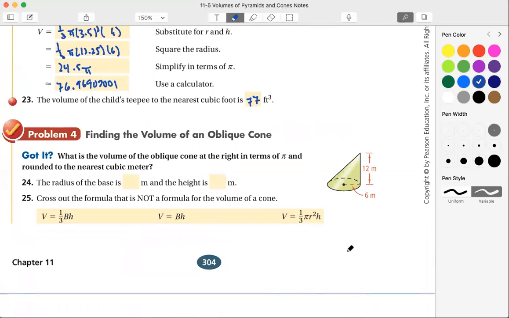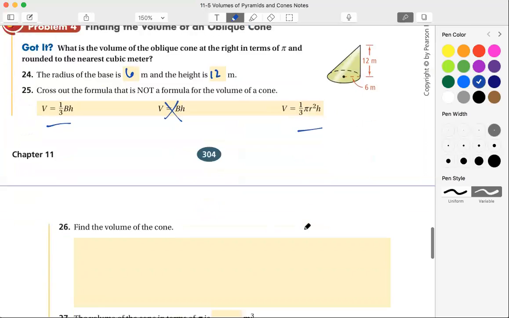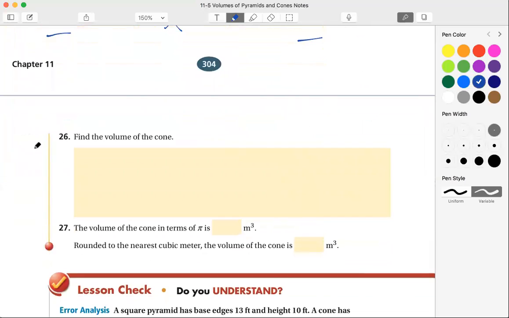All right, so what is the volume of the oblique cone at the right in terms of pi? So the radius of the base is 6 meters, and the height is 12 meters. Cross out the formula that's not the formula for the volume of a cone, this one. Remember, we can use either this one or this one. Those are correct. Okay. So let's find it. We're going to use this formula.